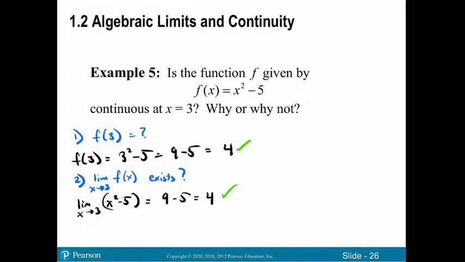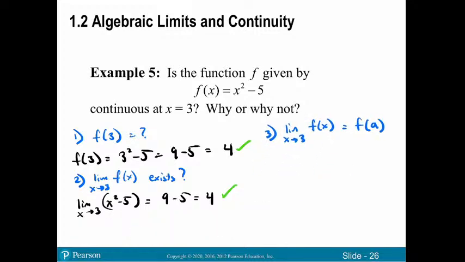And then the third condition is that the limit as x approaches 3 of f of x needs to be equal to f of a, right? So basically the limit has to equal the function value. And I think it works out in this case. And actually what I'm going to do is move this over just for space and continuity.